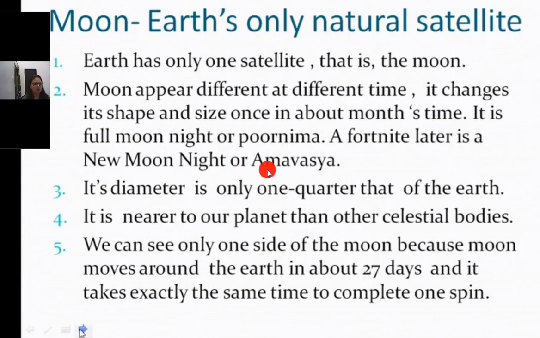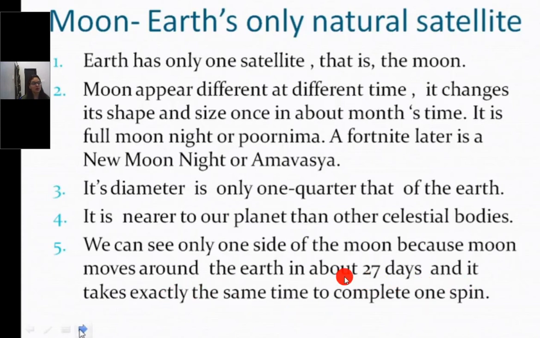We can see only one side of the moon because the moon moves around the earth in about 27 days, and it takes exactly the same time to complete one spin. This is the most important point, class, that we always see only one side of the moon because the rotation and revolution time of the moon is 27 days. Both timings are the same.